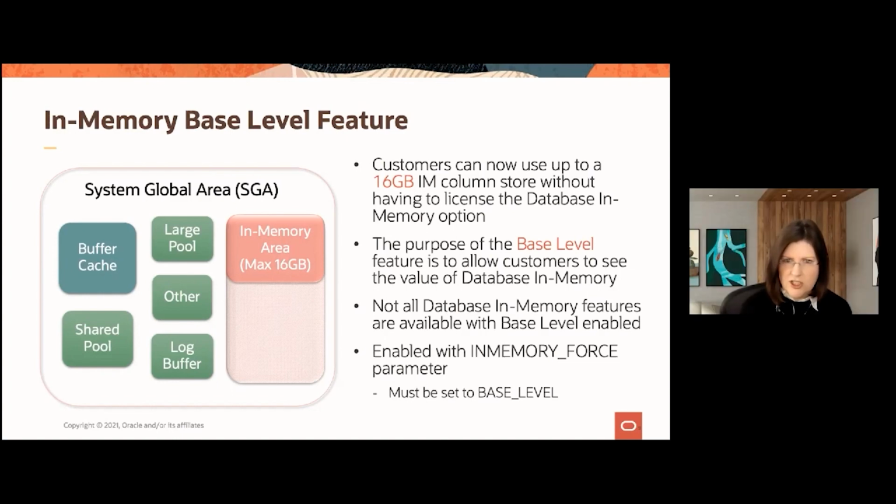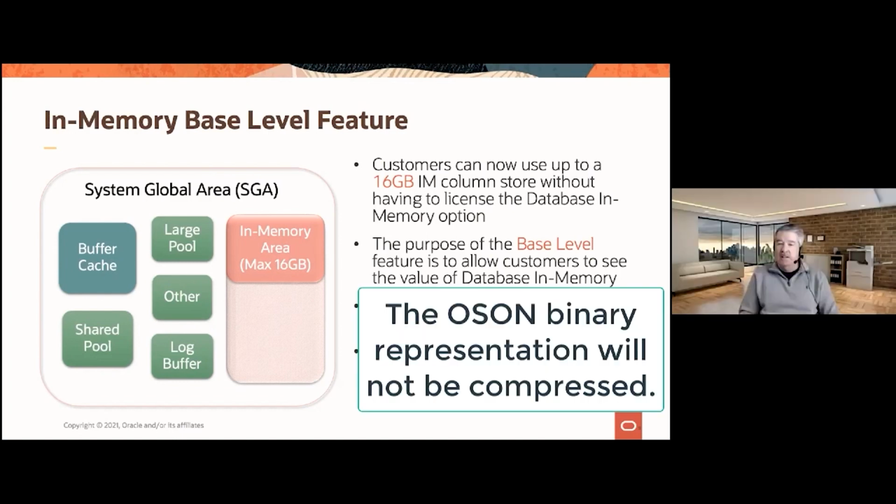Back to a bit more on the performance and how in-memory works. Regarding JSON, if I bring JSON into the in-memory column store and I use a higher level of compression, what will be the performance impact? For example, if I use high compression on that table with JSON. The JSON is stored in a binary format, OSON.